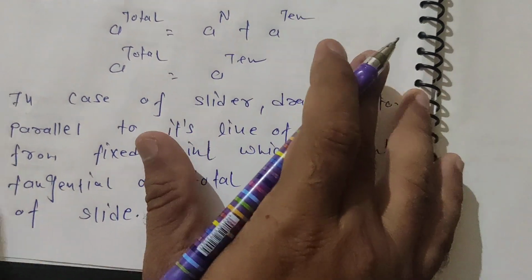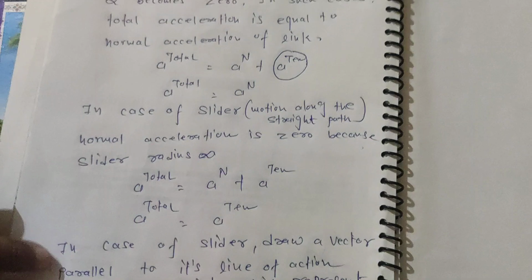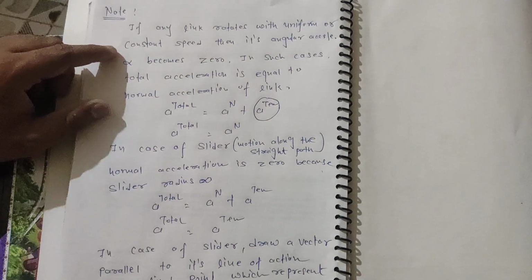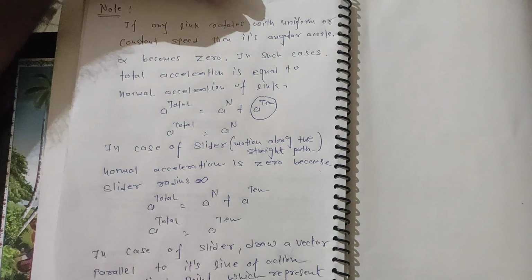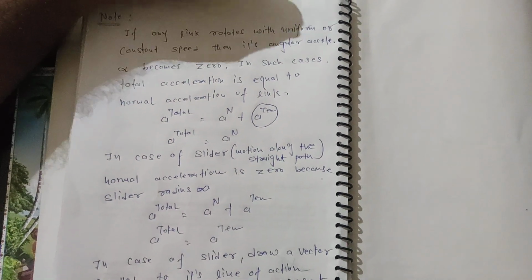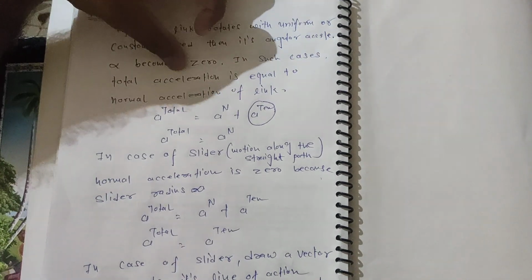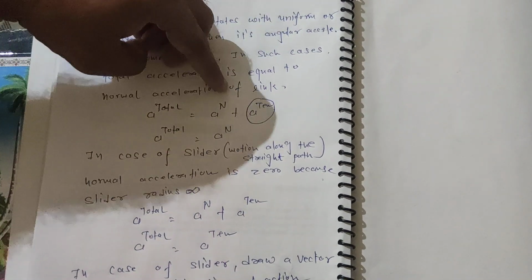Okay, so this is the very important part for studying the acceleration diagram, that if any link rotates with a uniform or constant speed, then its angular acceleration becomes 0. So in such cases, total acceleration is equal to the normal acceleration of the link.